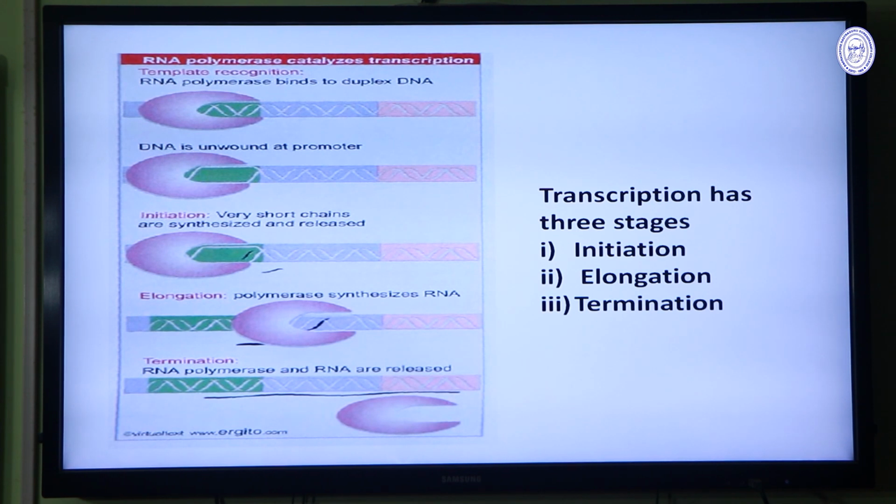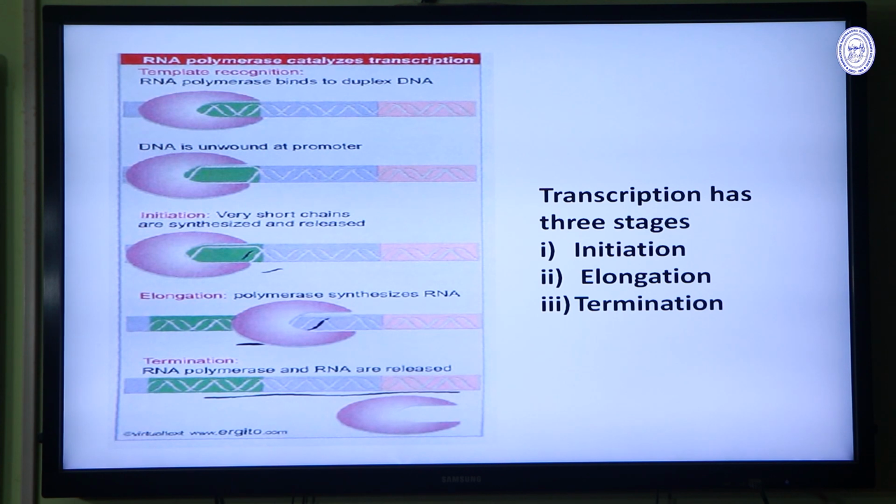Now, we can divide the entire transcription process into 3 stages: initiation, elongation and termination. First is the initiation, and during initiation the most crucial part is template recognition at specific sequences, that is, at the promoter sequences.